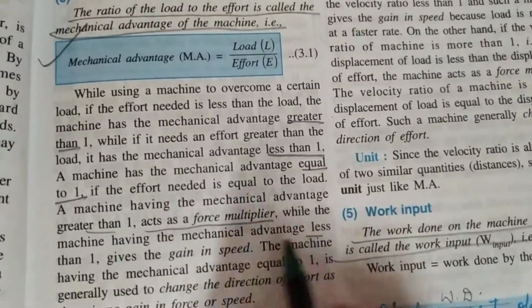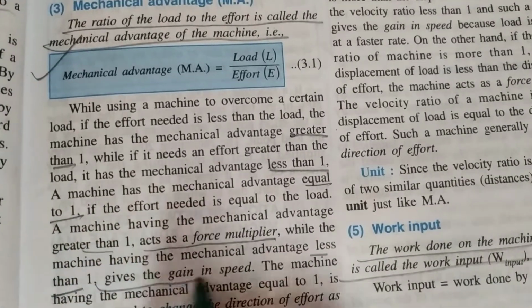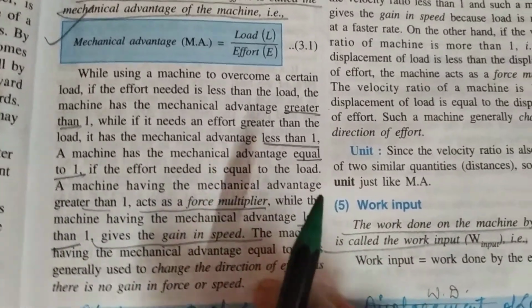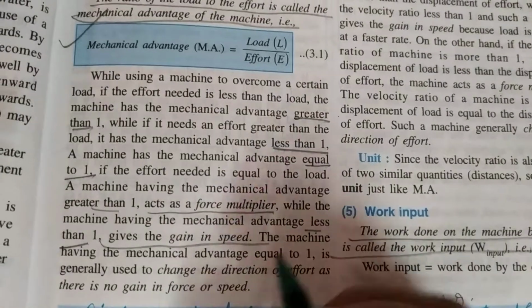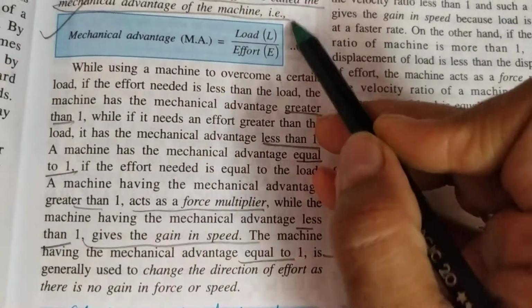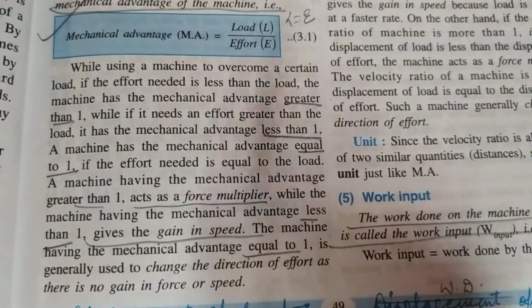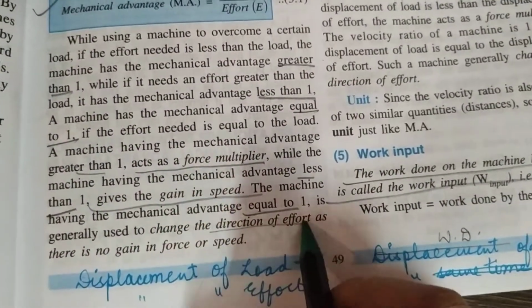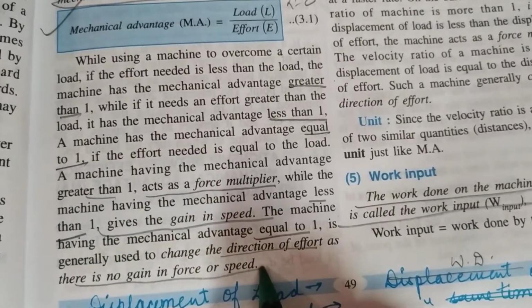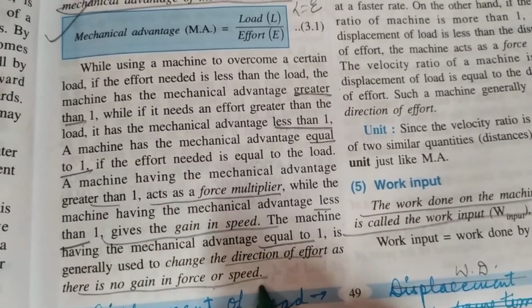And when it is less than 1, then it acts as a speed multiplier. And when it is just equal to 1, it means load becomes equal to effort. So in such a case, the machine is simply used to change the direction of effort to a convenient direction. It neither gains speed nor gains force.